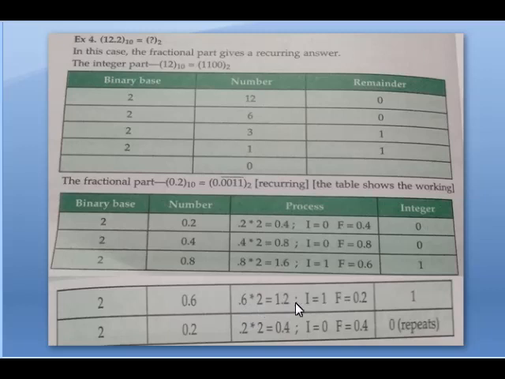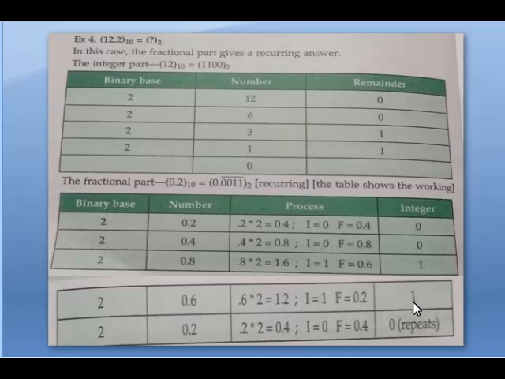So we have written the integer part here. Then next fractional part is 0.2 into 2. Again it is repeating. See, the first 0.2 into 2, here also 0.2. So after this number again 0, 0, 1, 1, like this it will go on.